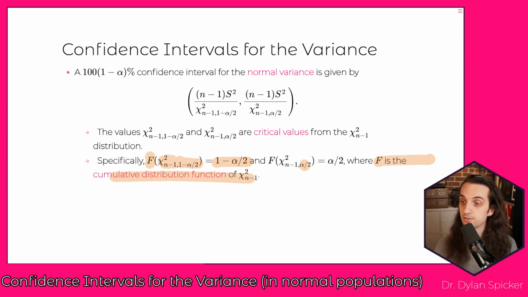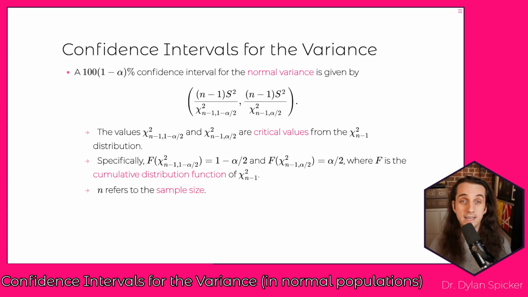And if you plug in the critical value of alpha over 2, that's going to give us alpha over 2, right? So the critical values are defined in the exact same way. However, they're coming from a chi-square distribution rather than from a normal distribution or a t-distribution or something similar. Okay? N still refers to our sample size.